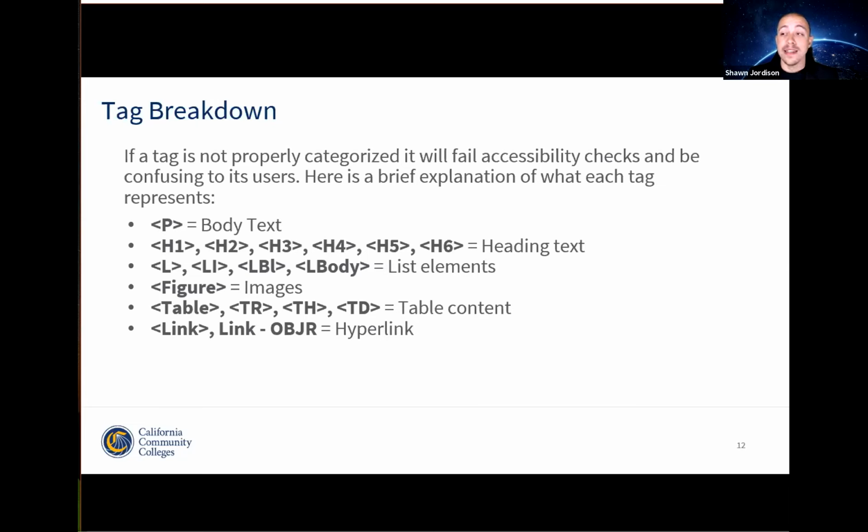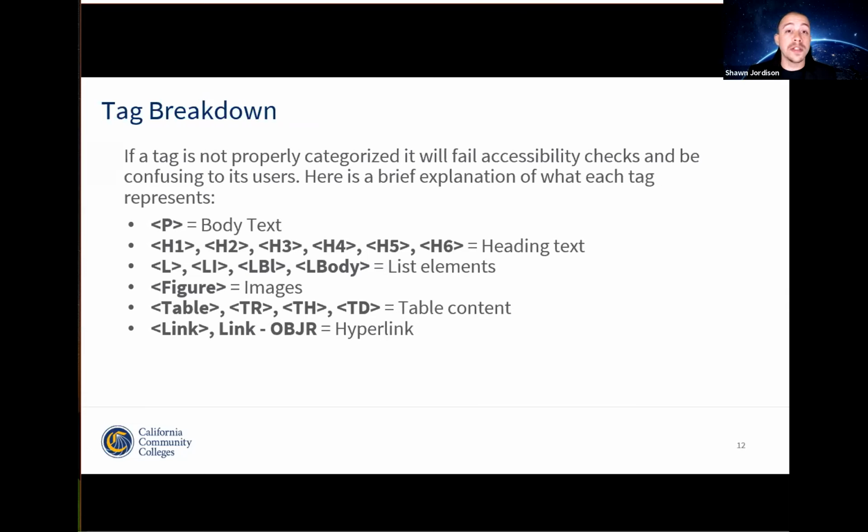List elements have a very specific tag structure. All list elements are contained under the parent L tag. Every parent L tag has child LI or list item tags, which contain the contents of that list. Now, there is some further breakdown of these list items.